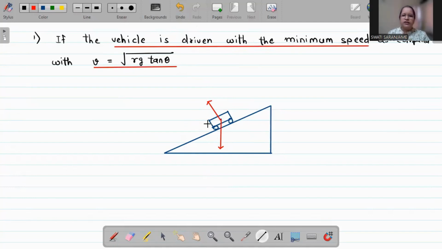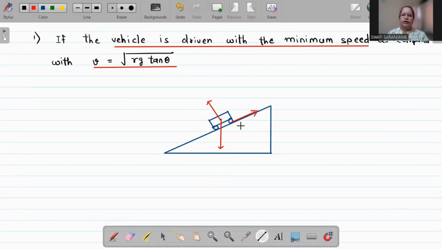So the natural tendency is that the vehicle will start sliding down over the incline. To avoid that, a frictional force comes into the picture, and this force is naturally directed up along the incline.